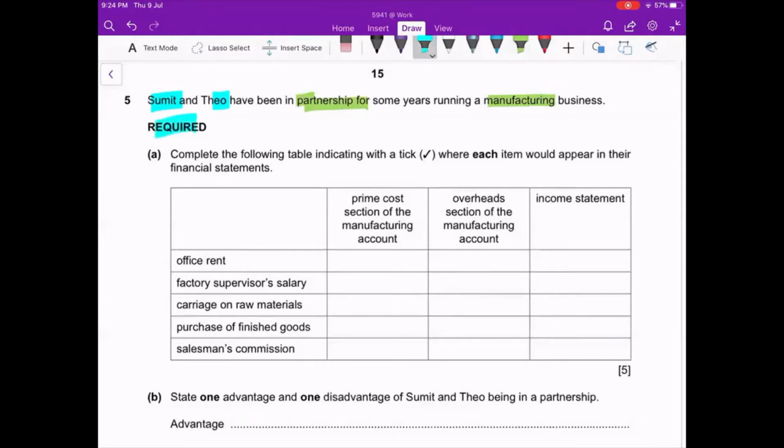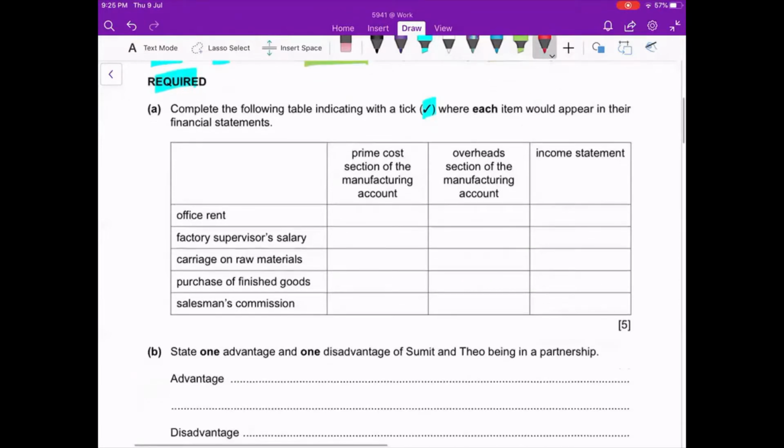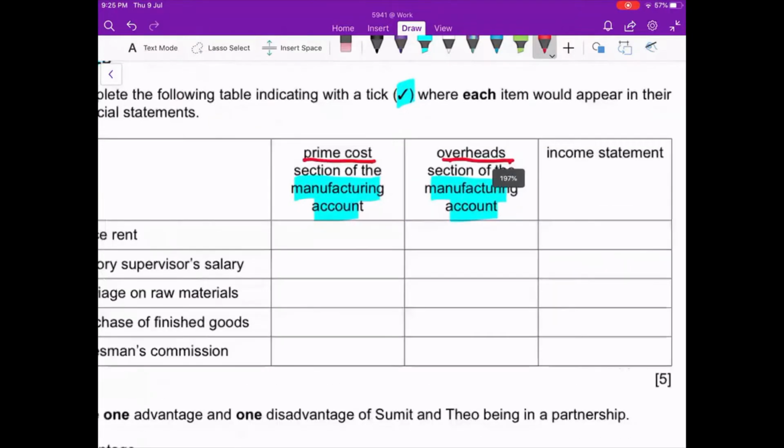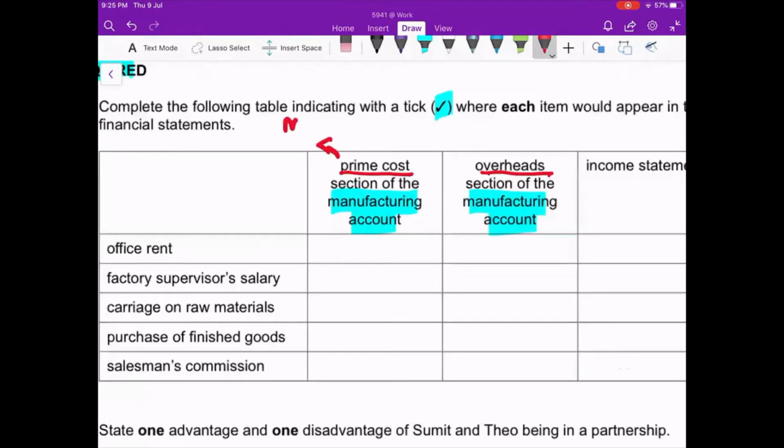Required: complete the table below by indicating with a tick where this item would appear in the financial statement. First we see manufacturing account. Both of these are manufacturing account, but this is the prime cost, this is the overhead. First, we need to understand what the prime cost is. Prime cost is the main cost.